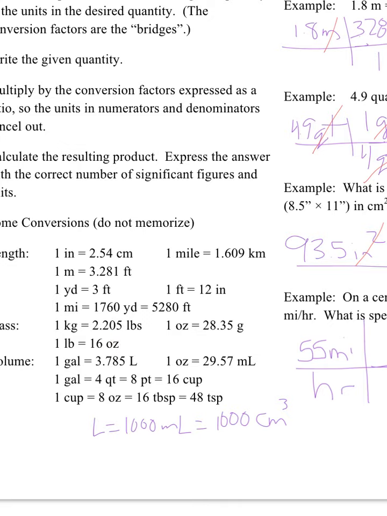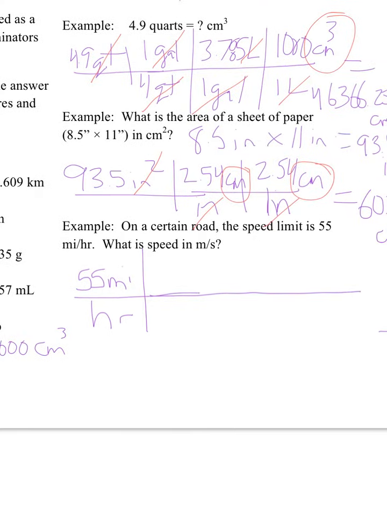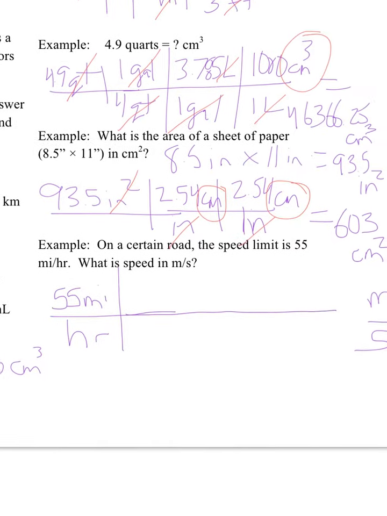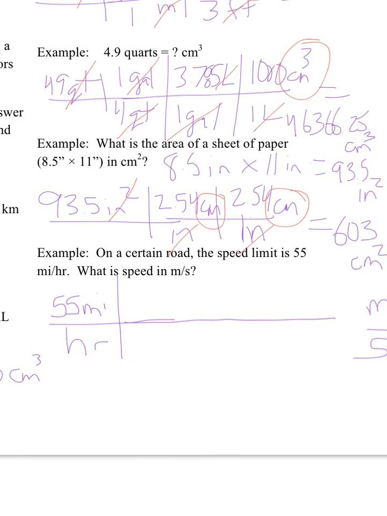So what is the relationship? 1.609 kilometers in 1 mile. So 1 mile is 1.609 kilometers. Okay, and I do that so that I can cancel out miles.